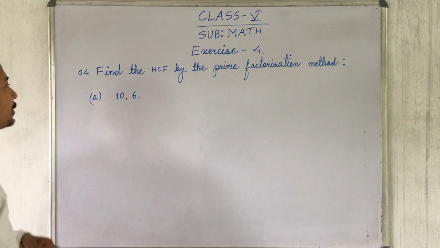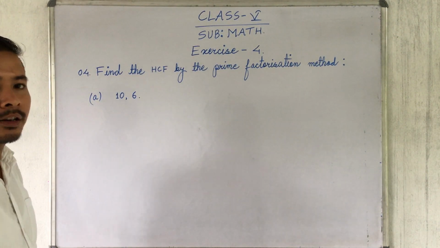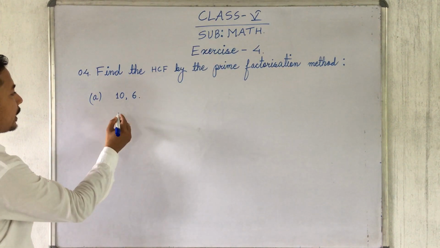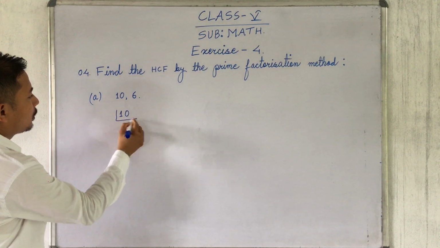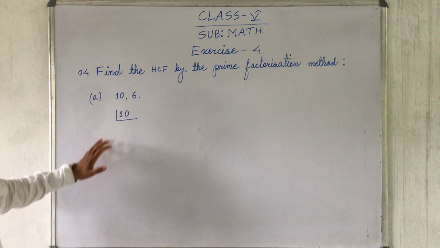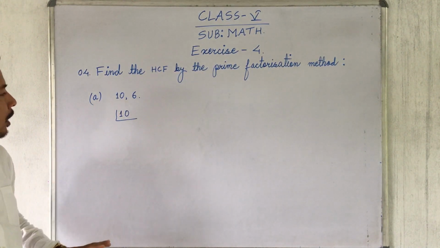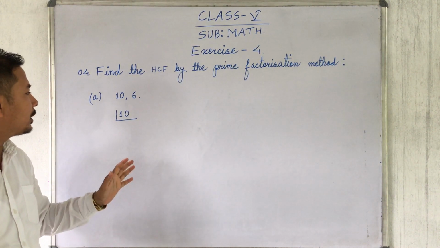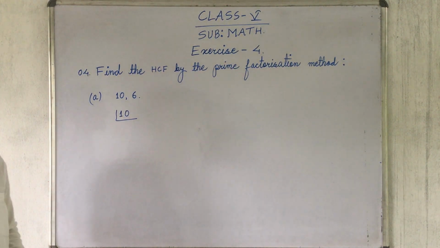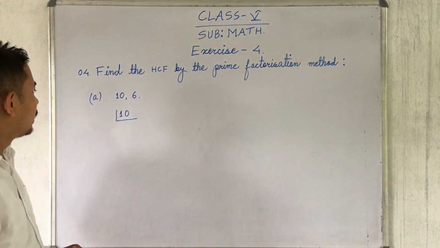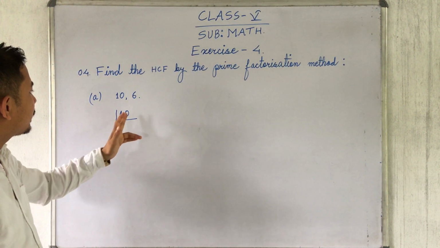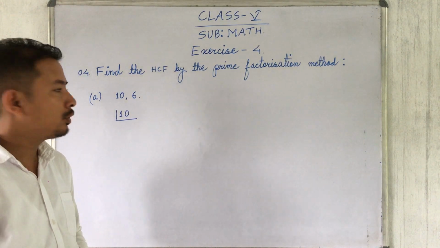First of all I am going to find out the factors of 10. So look here. 10. Is there any number by which 10 is divisible? We have to find that number. If we see, 10 is divisible by 2, isn't it?